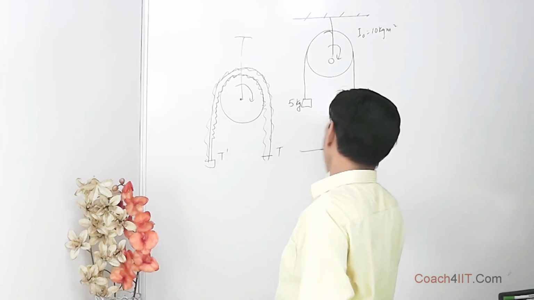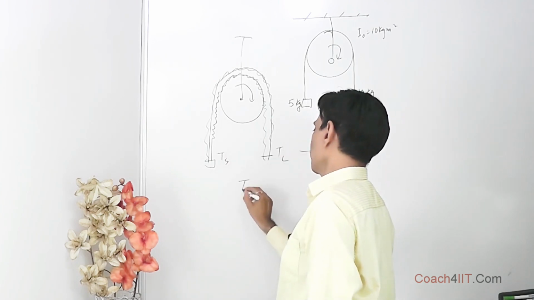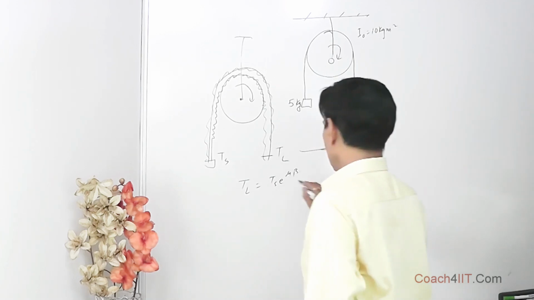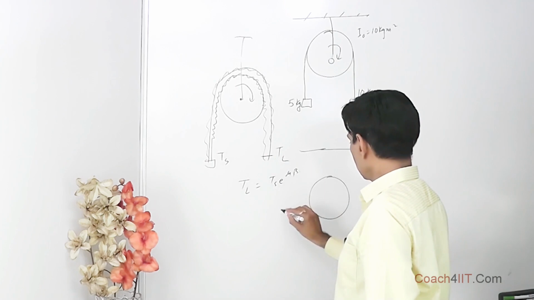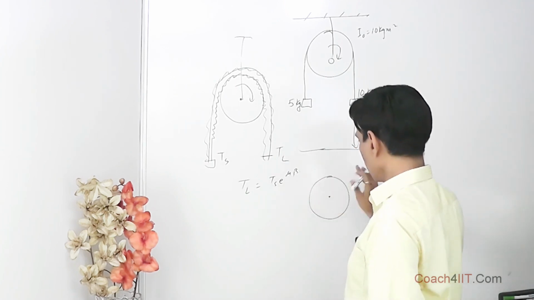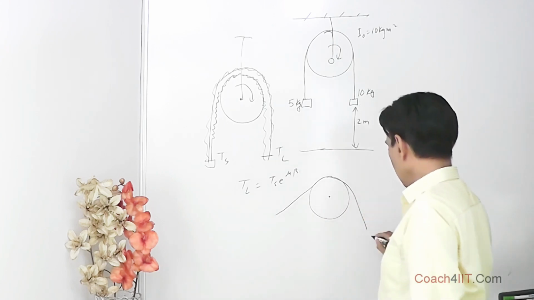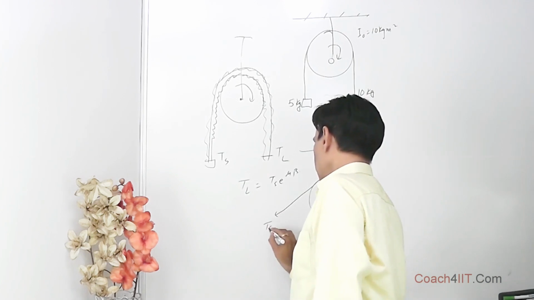There is going to be a larger tension on one side, T large, and a smaller tension on the other, T small, and the relationship is TL = TS e^(μβ). Suppose this is a pulley or any rod, and the string goes from here to here, with a larger tension on one side and a small tension on the other.